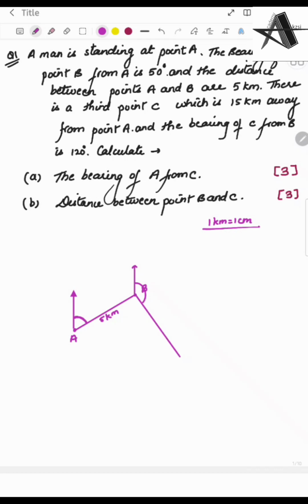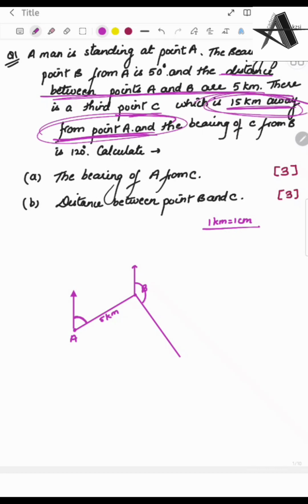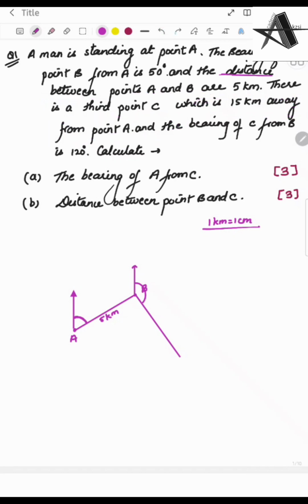Now I don't know the length of this line, but I do know the length of A to C. Here they have mentioned that the distance between points A and B is 5 kilometers and C is 15 kilometers away from point A. This is important. That means from A to C, the length is going to be 15 kilometers.